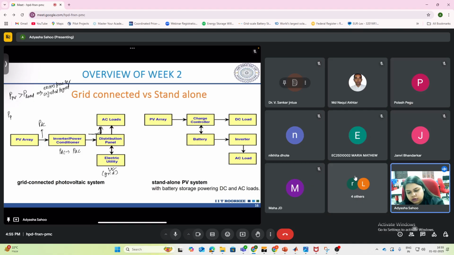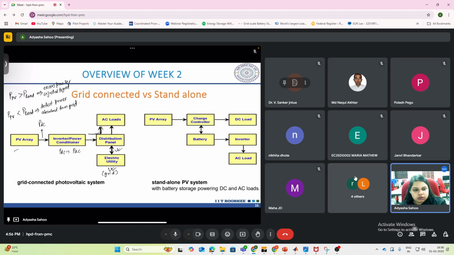And whenever the power from PV is less than the load demand, then the deficit power is sought from the grid to meet the demand. That's why there is a bidirectional symbol here. So either you can inject or absorb from the grid depending upon your PV output.